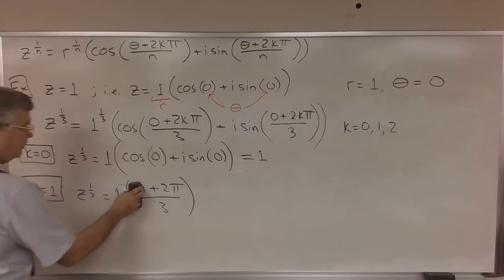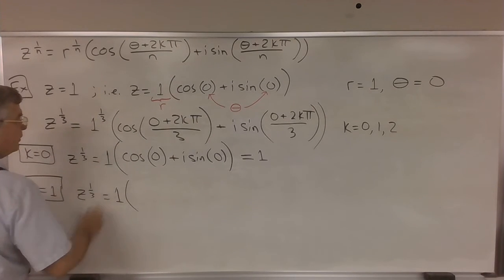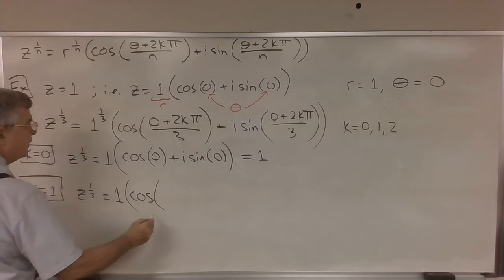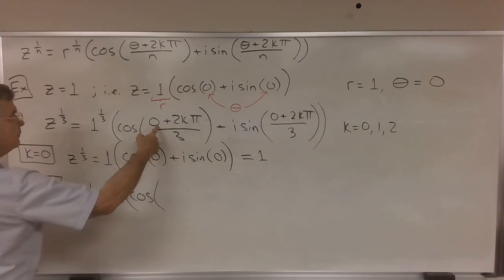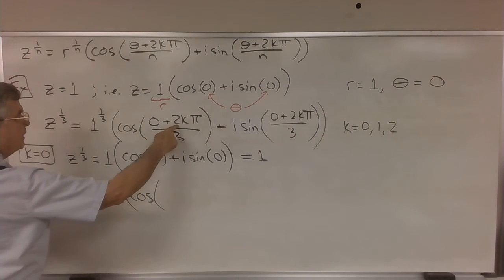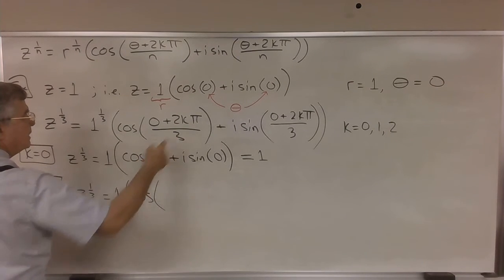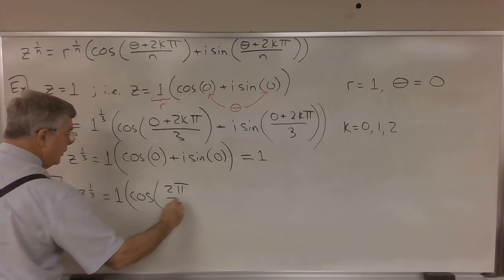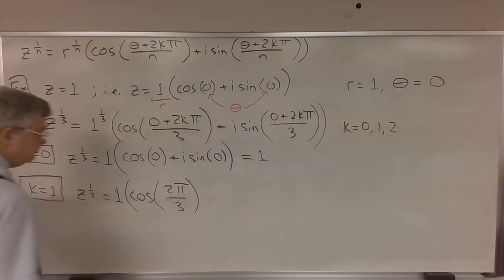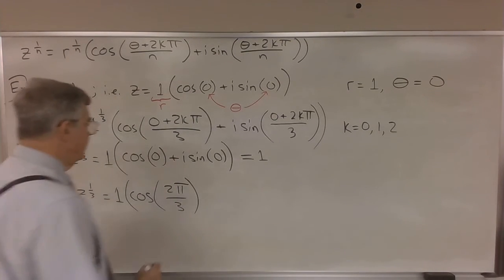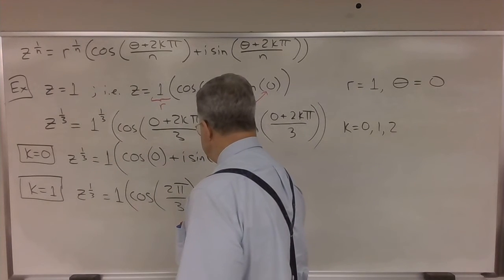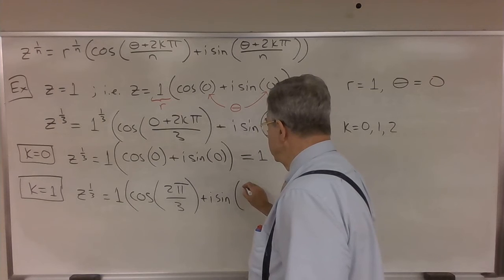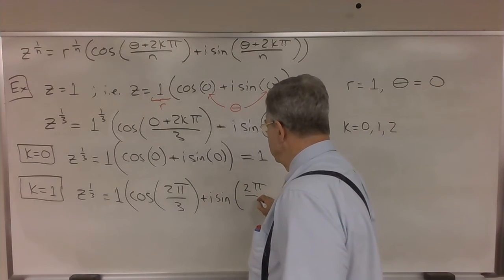Oh my goodness. I think we need a cosine in there somewhere. Okay, cosine of 0 plus 2 times 1 times pi, that's 2 pi over 3. Plus I sine 2 pi over 3.